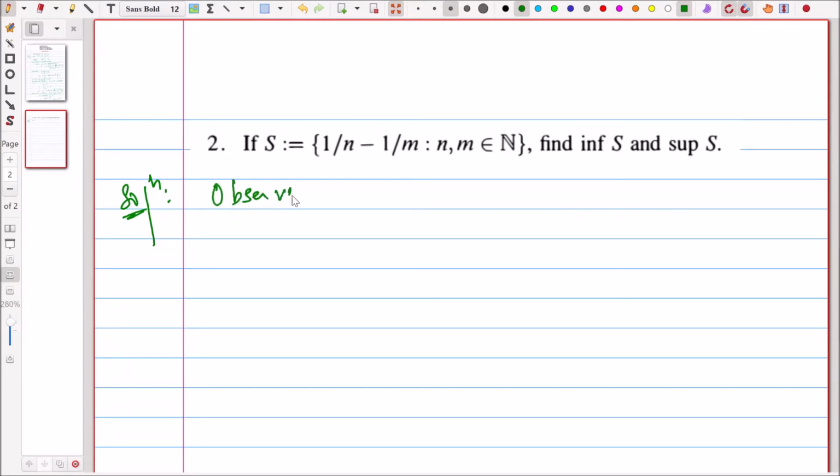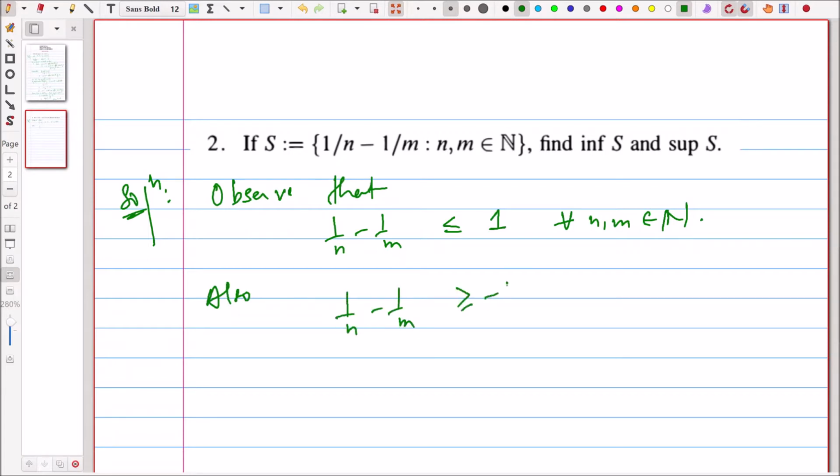In fact, observe that 1 by n minus 1 by m is less than or equal to 1 for all n, m belonging to N, because each number is smaller than 1, so the difference of the two will obviously be less than or equal to 1. Also, 1 by n minus 1 by m is greater than or equal to minus 1, because the two numbers are less than 1, so their difference cannot be less than minus 1 for all n, m belonging to N.